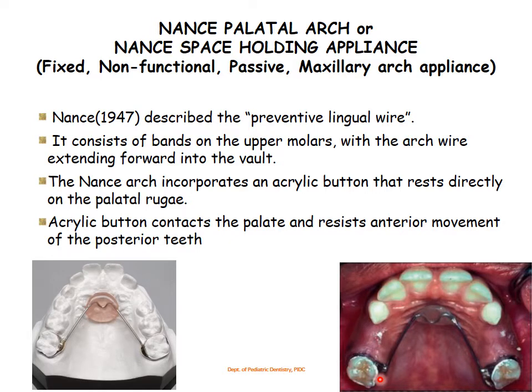So it is a fixed type of space maintainer. There is no replacement of the missing teeth, so it is non-functional. It is passive because it's not applying any force or pressure, or doing any type of tooth movement, and it is given in the maxillary arch, or it's a maxillary arch appliance.